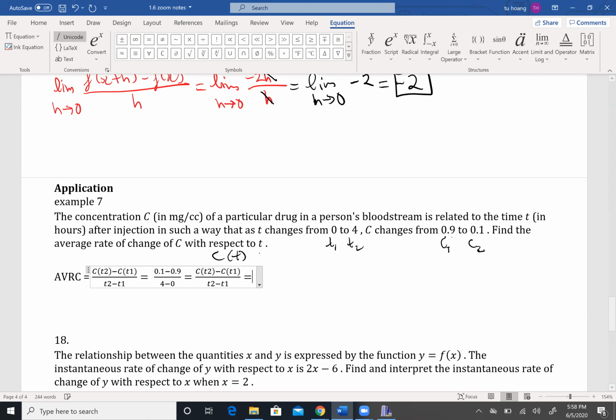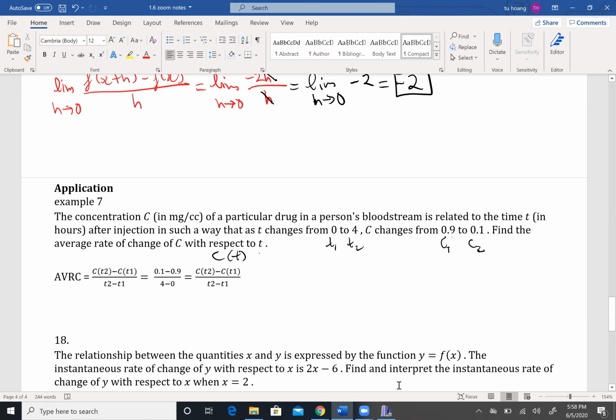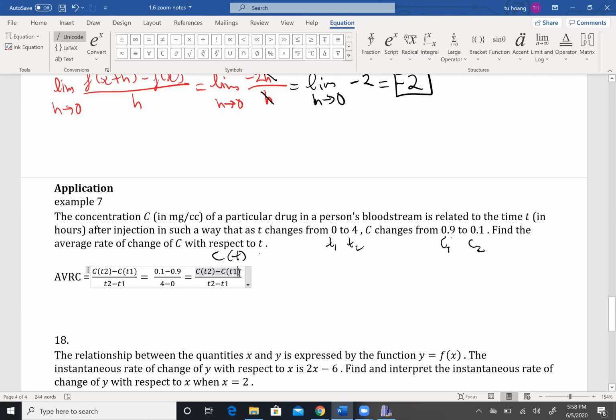So top is negative 0.8 and bottom has to be 4. So now this can be simplified as, say, negative 0.2. Yep, I think so.